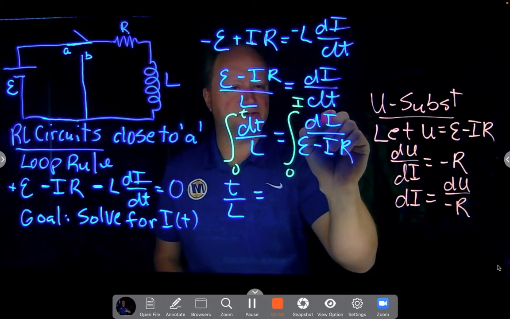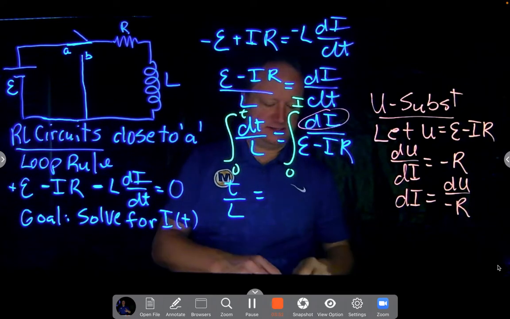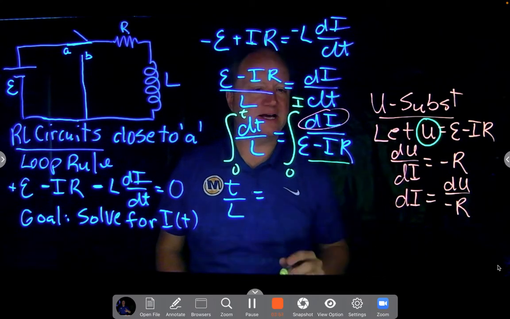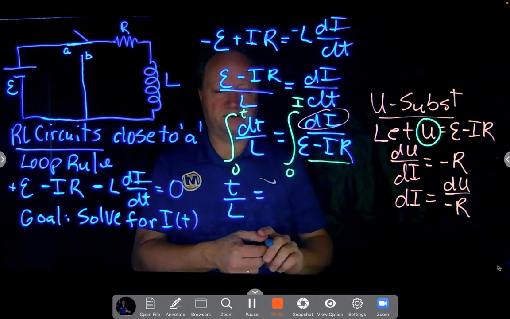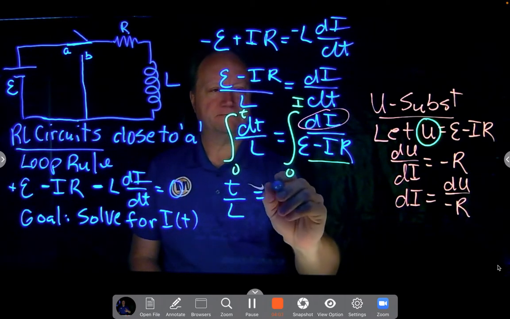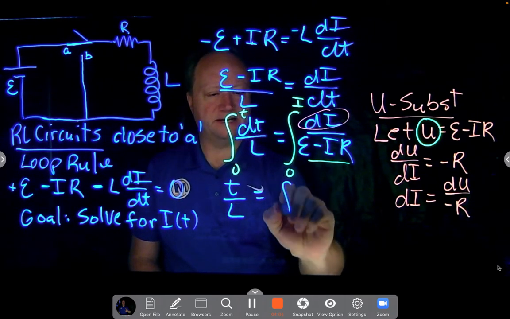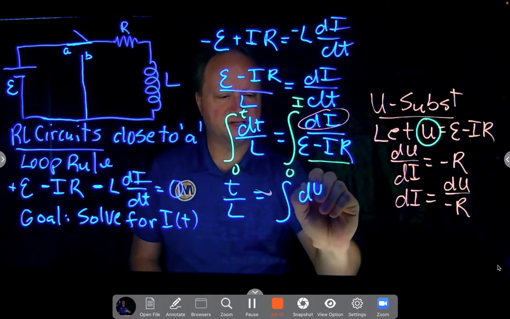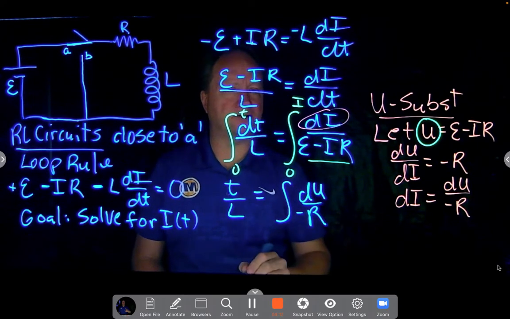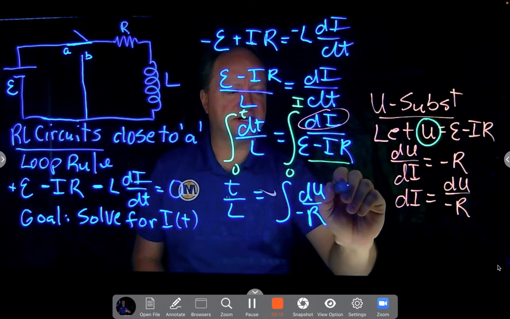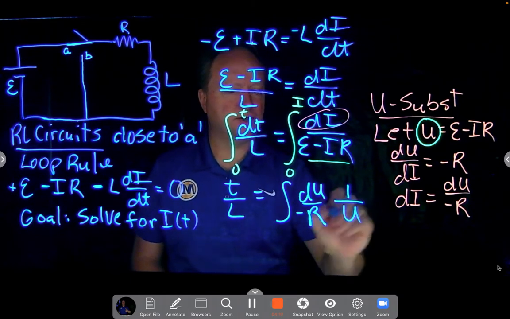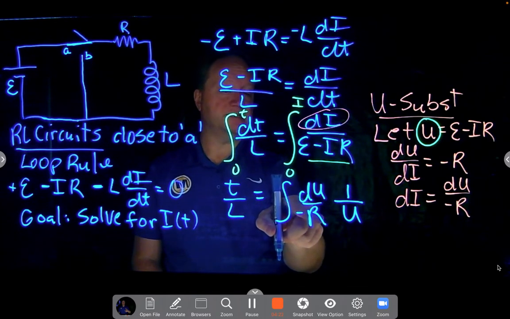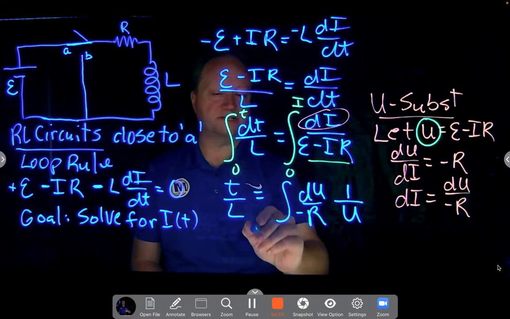Then I'm going to substitute that in here for di, and I'm going to bring u over here and replace the EMF minus IR. On this side, we'll worry about the endpoints in just a second, I get the integral of du over negative R, and then EMF minus IR becomes 1 over u. Cleaning this up a little bit, I'm going to multiply the negative R to the other side because it's a constant, it pulls out.